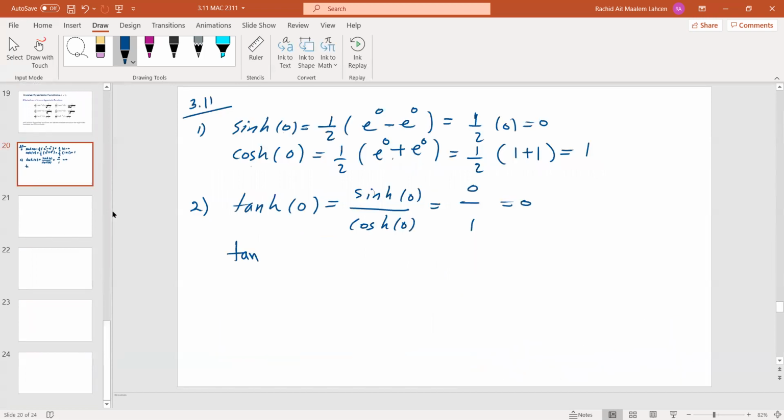So for example, what is the hyperbolic tangent of 1?